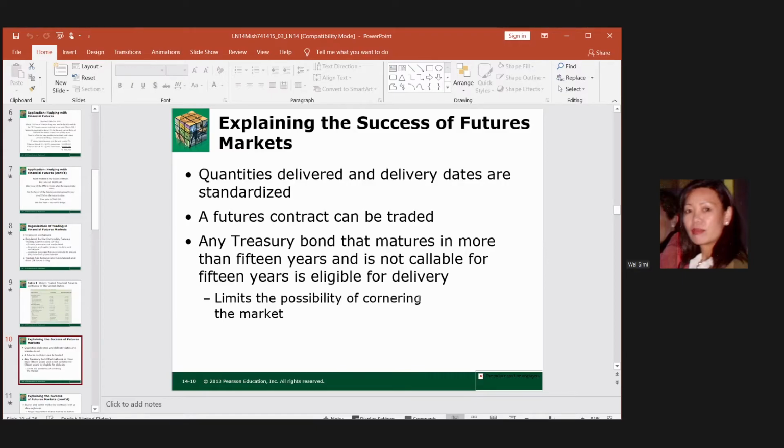So because this treasury security market is so huge, they wanted this market well organized, to prevent this cornering, the bond king situation. So that's why they relax a little bit, saying any bond, as long as you meet this criteria. It means 15 years or above, you can just deliver any 15 year treasury, that'd be fine.